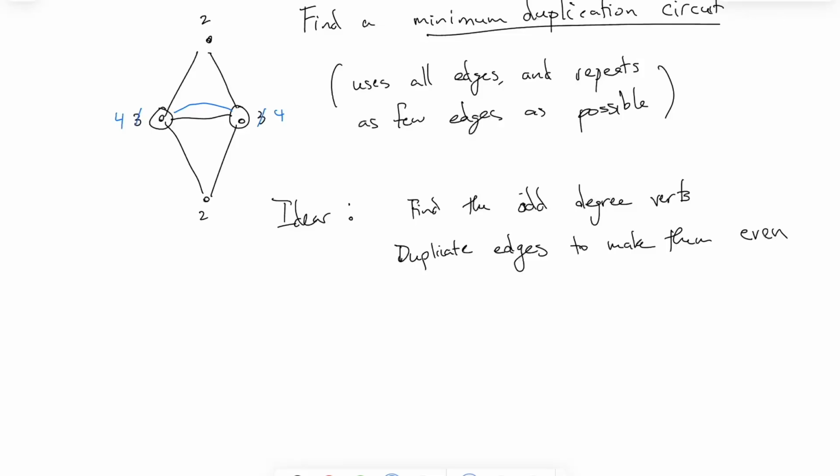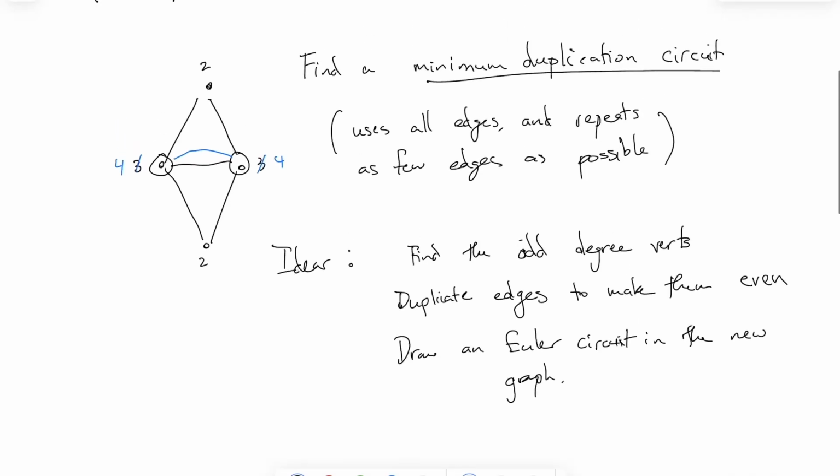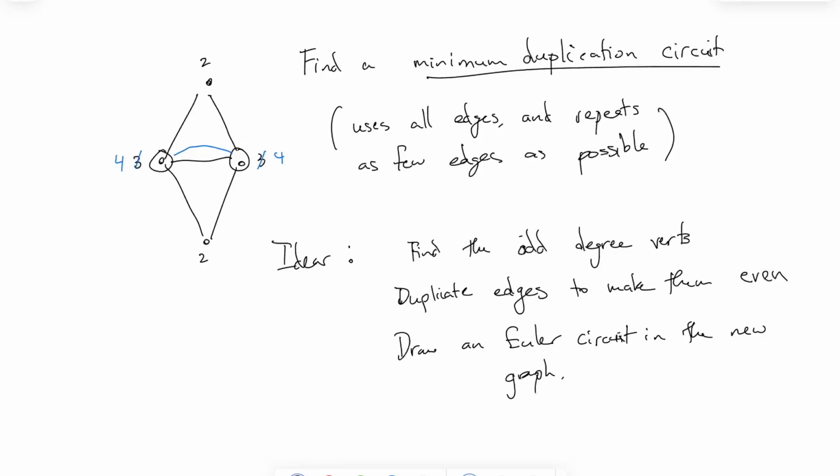And now everything is even, and so I can draw an Euler circuit in the new graph. Right. And what does that look like? So I'll use my red line.